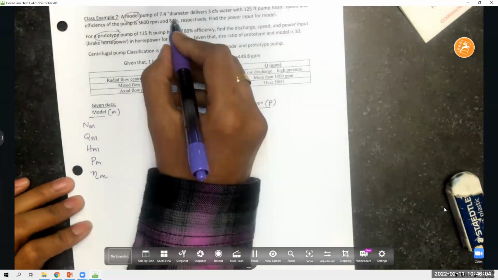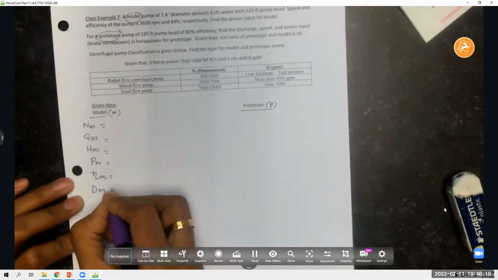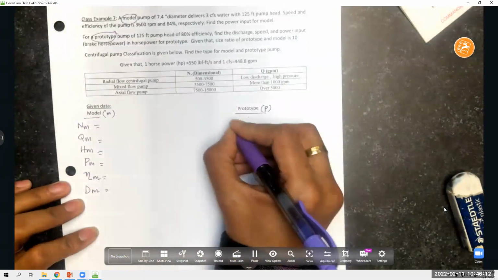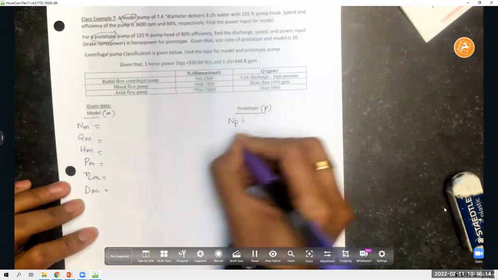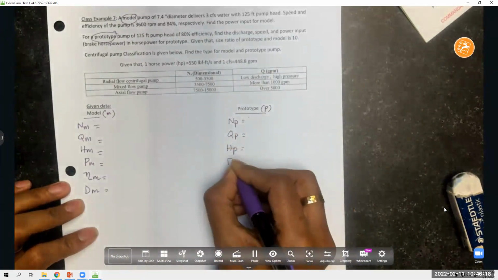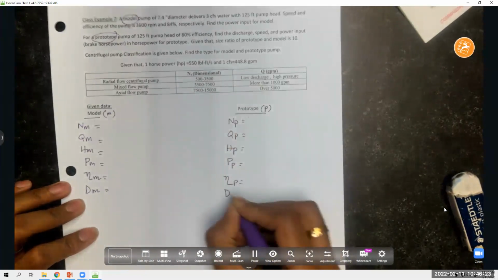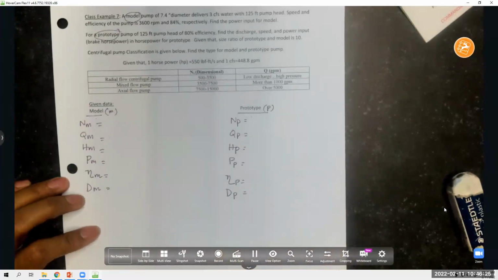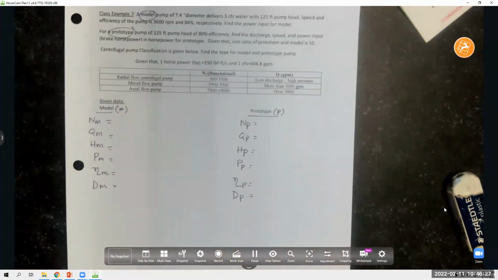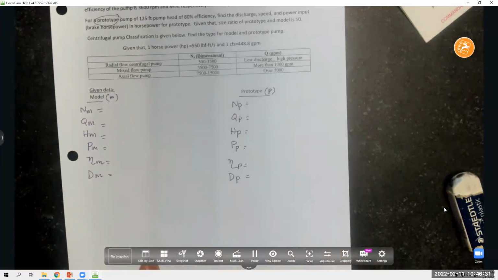And since they gave you the diameter, I will write down the diameter also, okay? The same thing here, but this time for prototype, Q_P.